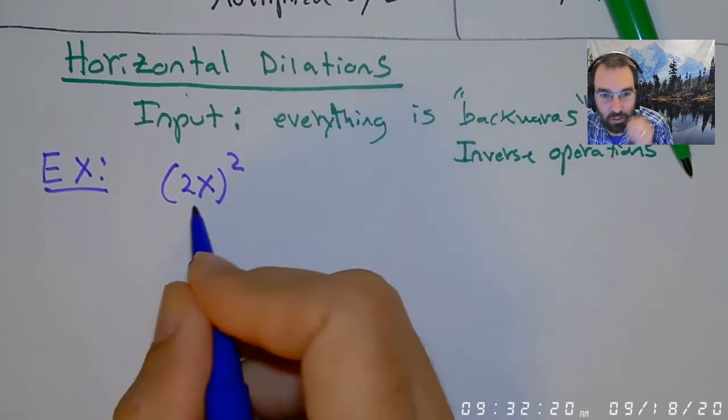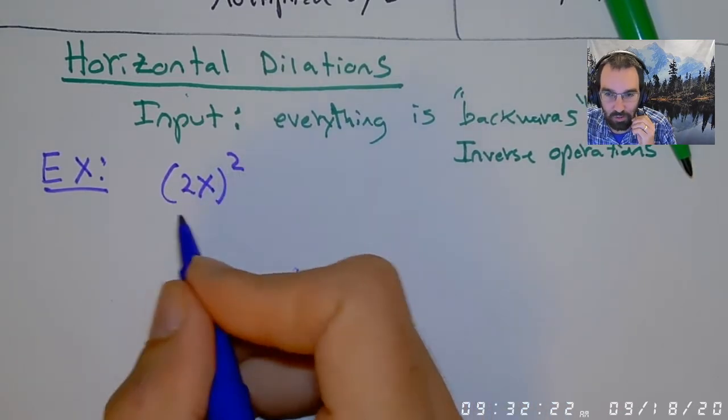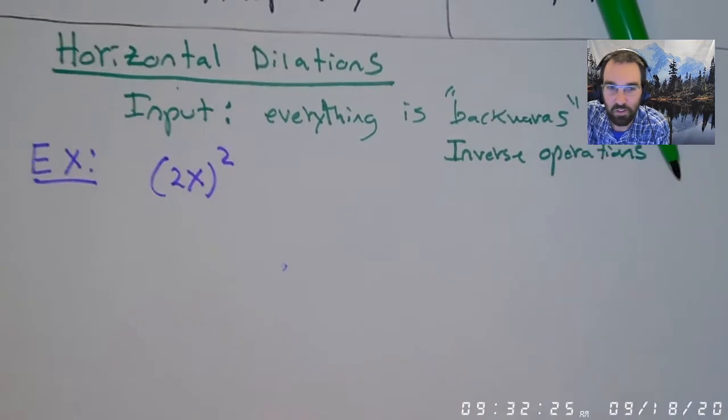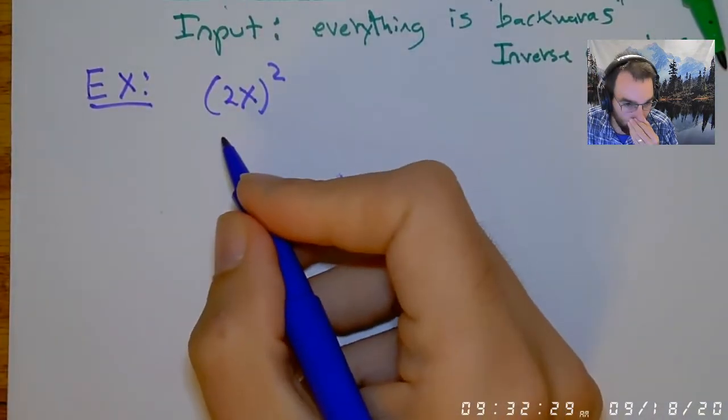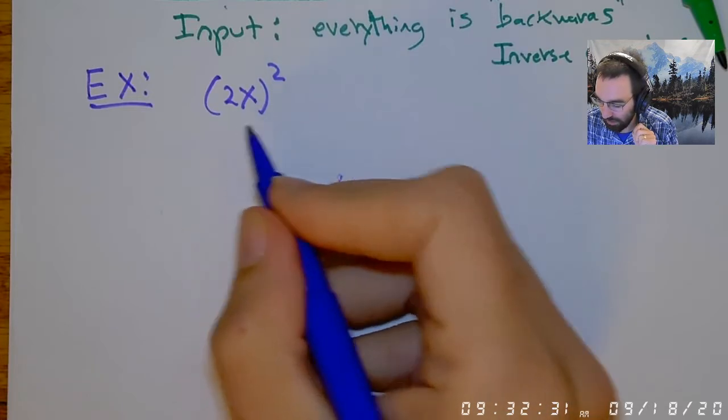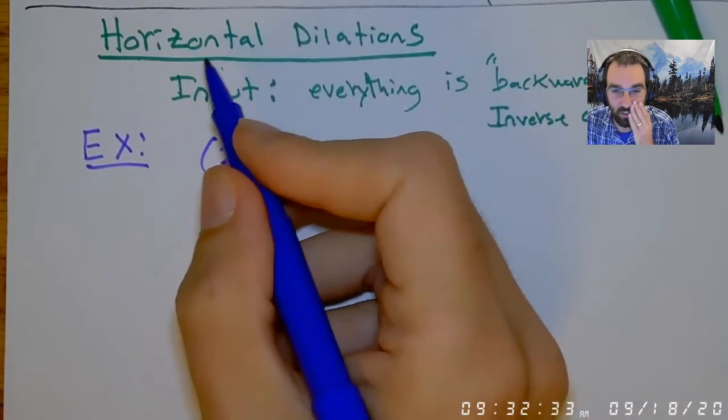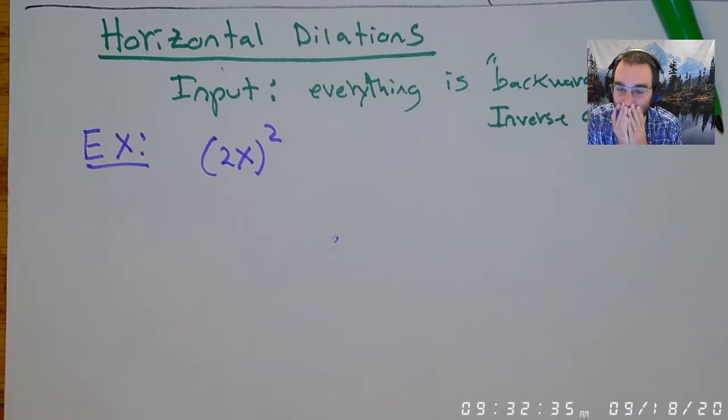Okay. So as you can see, this too is in the input. Okay. So it gets confusing here, especially with all the parent functions we're doing now, because horizontal dilations aren't actually a thing. Okay, that's why it's confusing. Because it turns out that horizontal dilations can be converted to a vertical dilation.